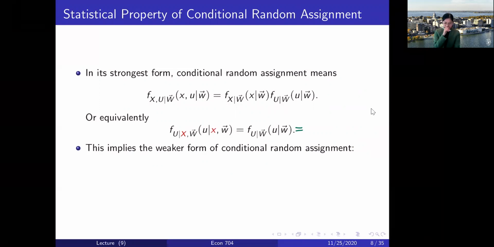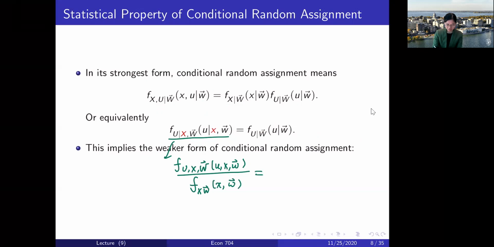So to derive that, we can write this as f_U given X, W divided by f_X given W, equals f_{UW} of (u, w) divided by f_W(w).